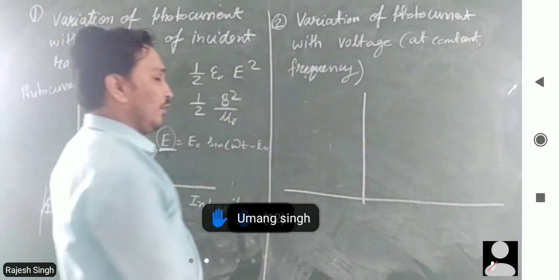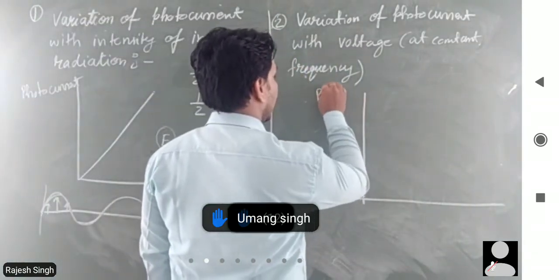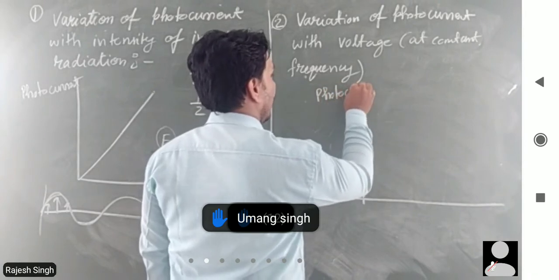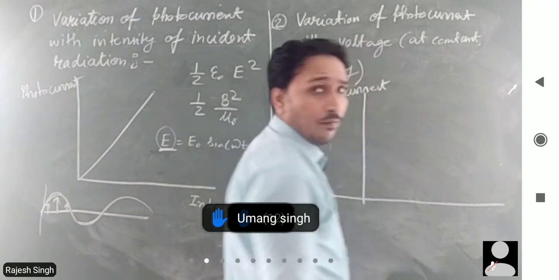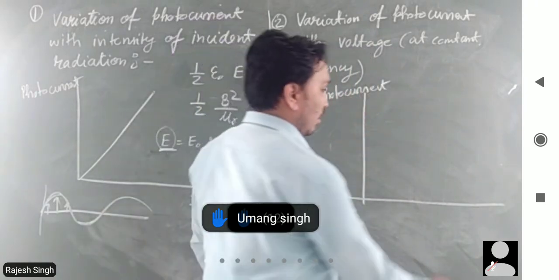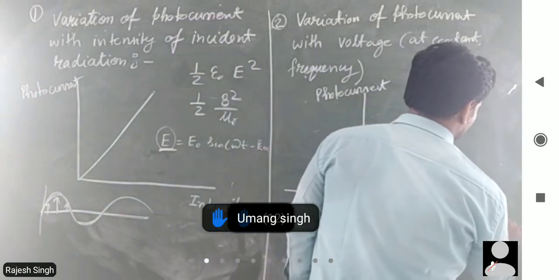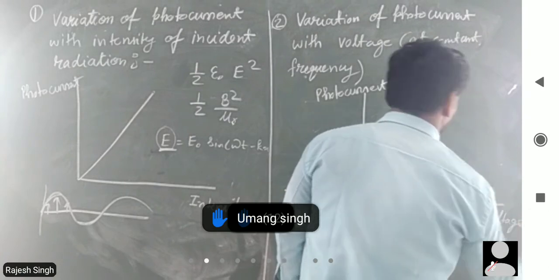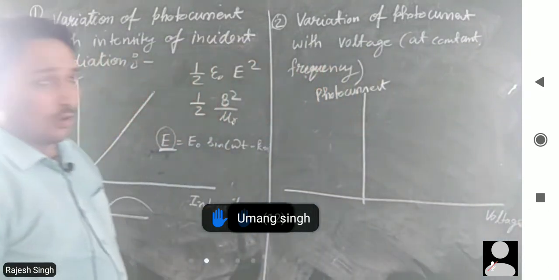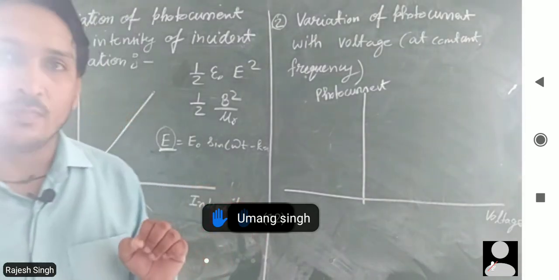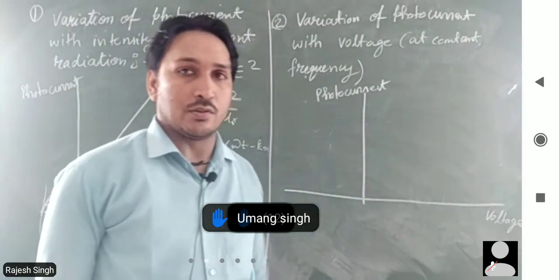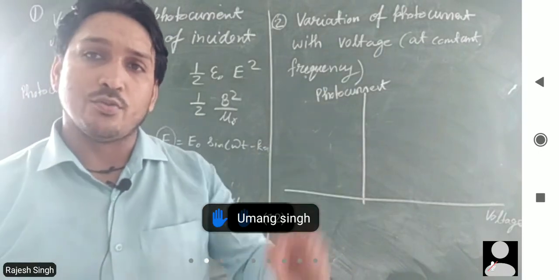So we are going to take photocurrent on this axis, and voltage on this axis. What we have observed is, if we keep the voltage zero, if we don't apply any voltage, then also the milliammeter shows some deflection.